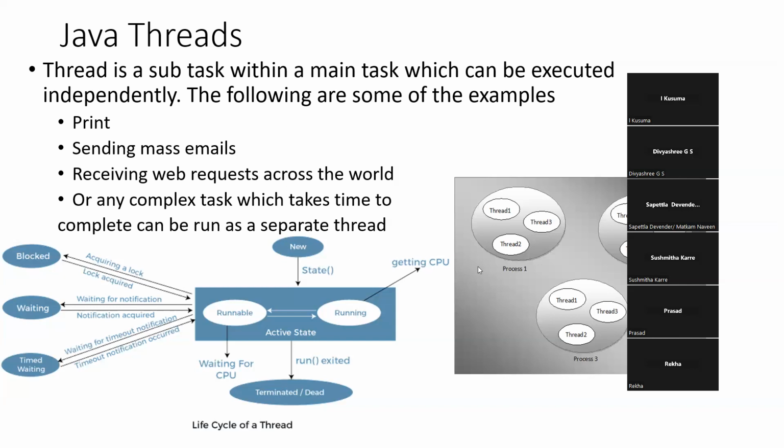So in the case of 3 chefs waiting, one chef will acquire the lock. In the software world, that is equivalent to acquiring the lock of that particular stove. Then he completes his cooking and releases the lock. So that is what is called the blocked state.